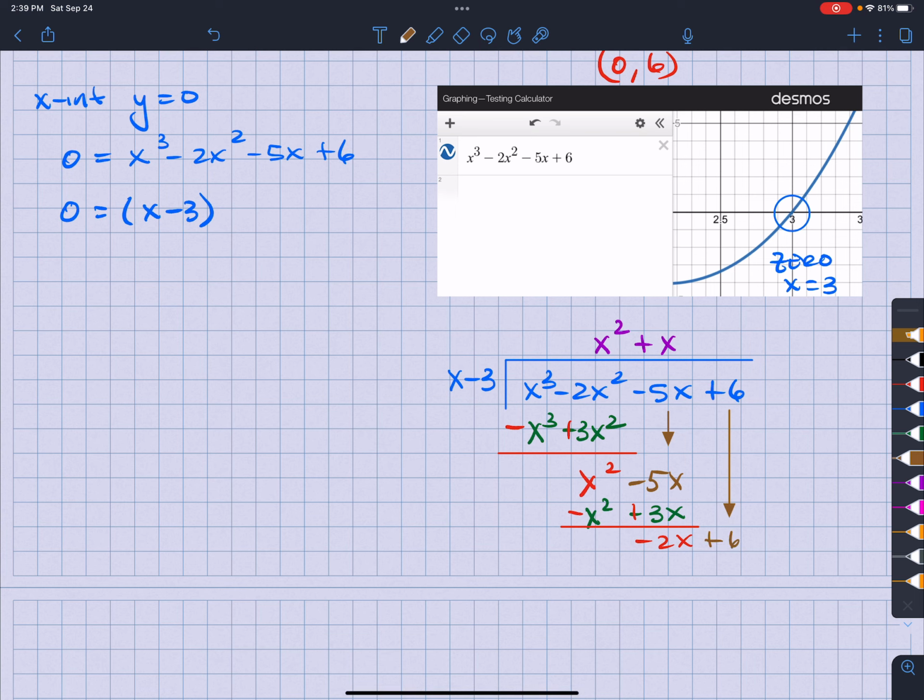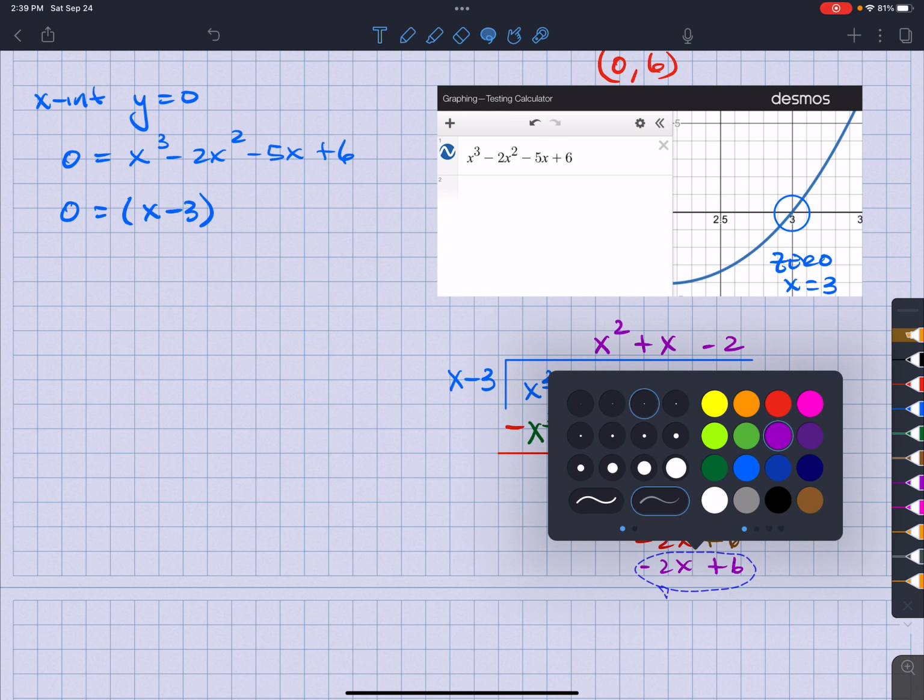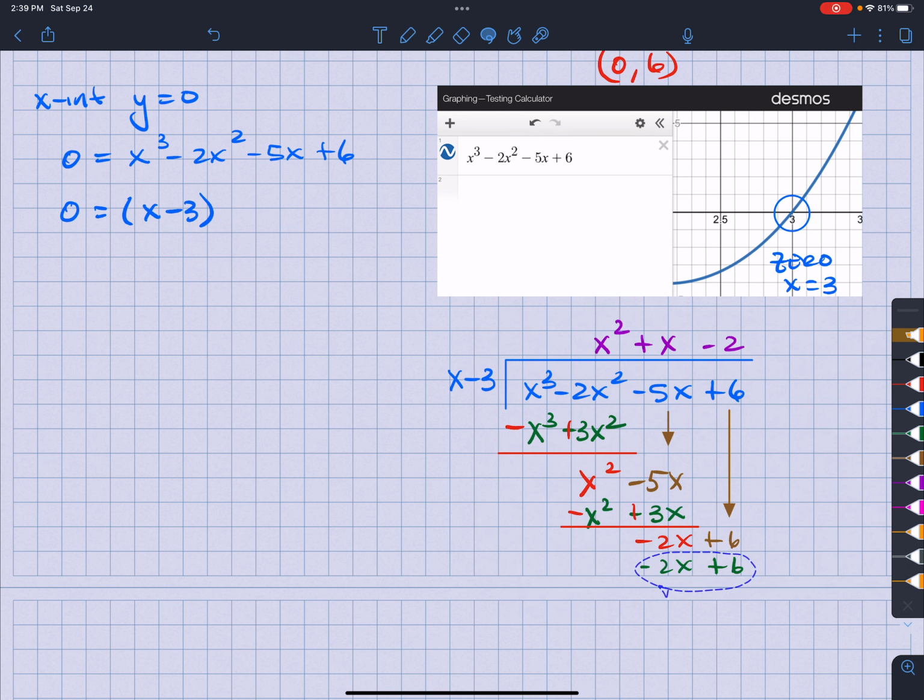How many times does x go into negative 2x? Would that be negative 2 times? So I got negative 2x plus 6. Flip the signs and add, and I have left a 0.